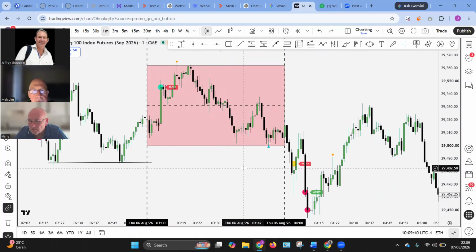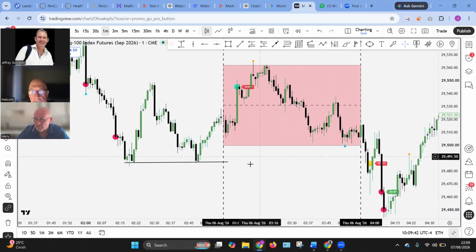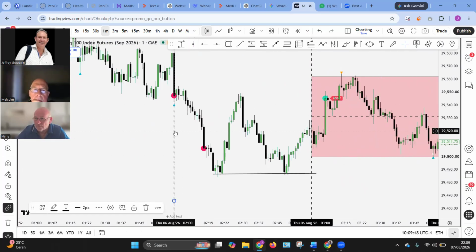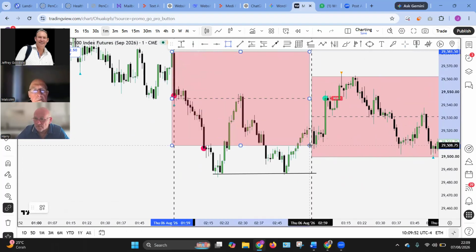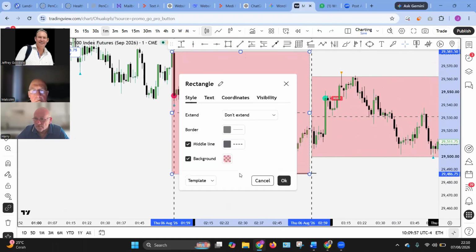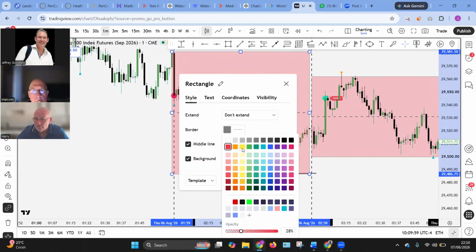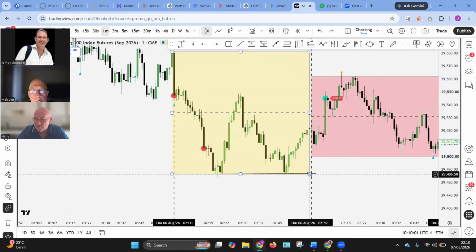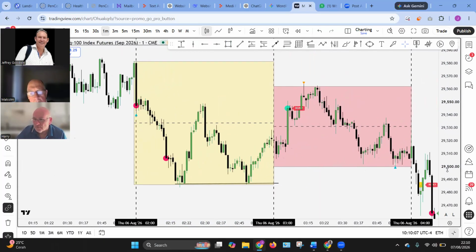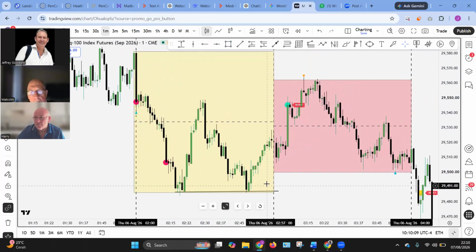And typically for that, I would look at the previous hour. If I'm trading here, I would look at the high and low here. We'll change the color of that. Because typically, for me, this is so much clearer when I see this.